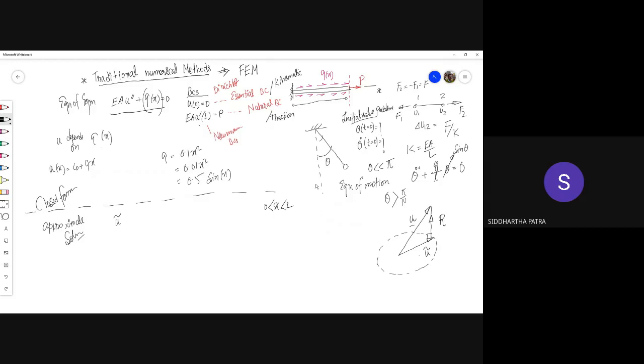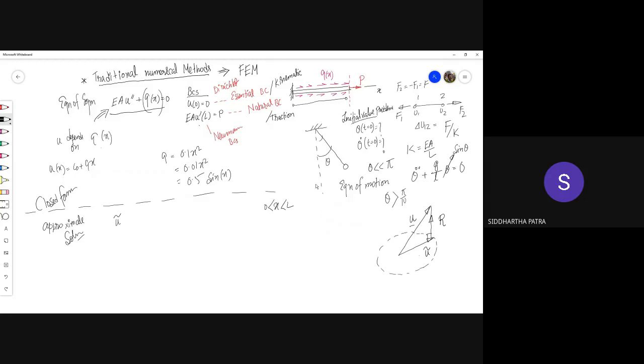For example, if q of x is x, then u should be a quadratic function of x, and if I do an analytical solution, I get the exact solution. Once I have the exact solution and I substitute that u in this differential equation, then everywhere within the geometry this would be trivially 0 because I'm using the exact solution.